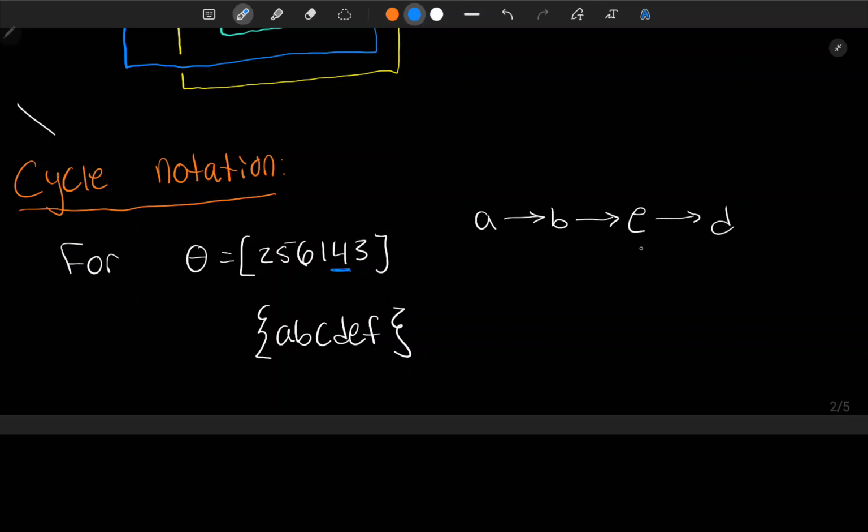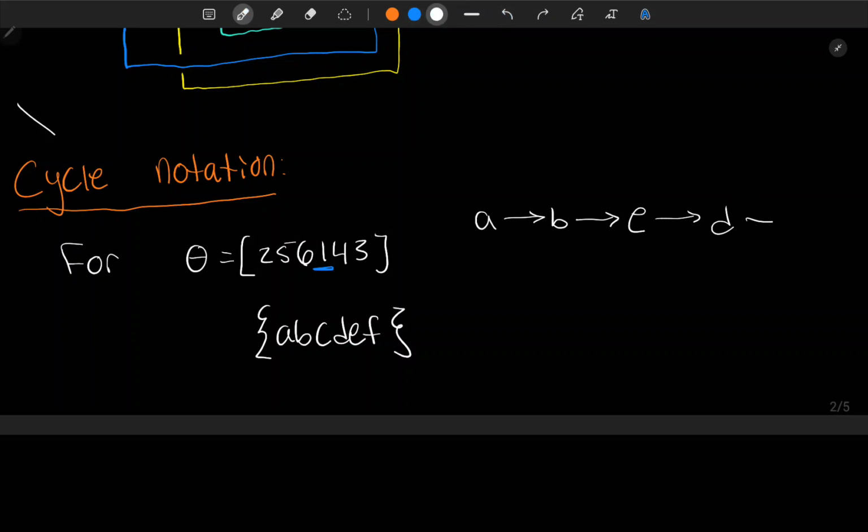So what was E in the fifth position now becomes 4, which is D. And then, if we go to the fourth position here, that's a 1. So what was D in the fourth position now becomes what's in the first position, which is A.